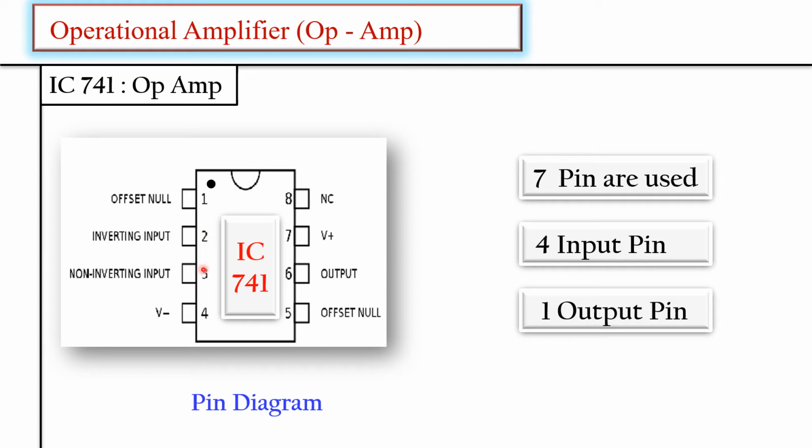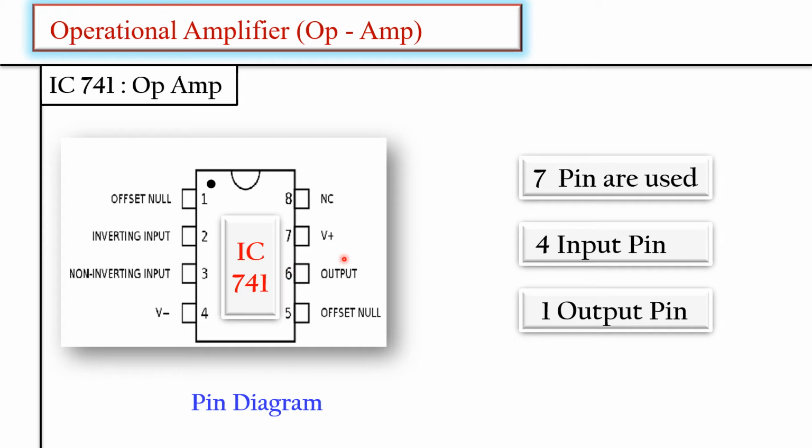Hence the name of this IC is 741. Pin number 6 is for output. Pin number 6, here you will get the output. This IC requires two power supplies, biasing power supplies positive and negative.